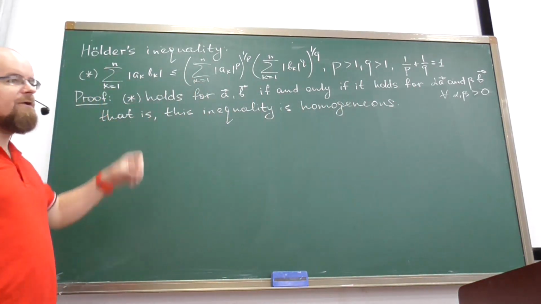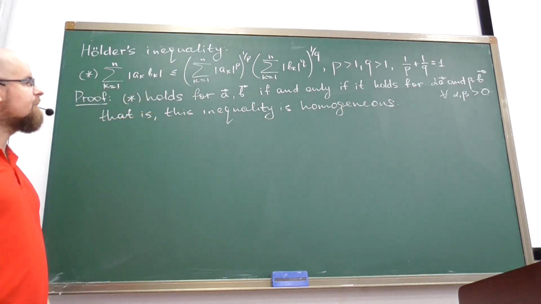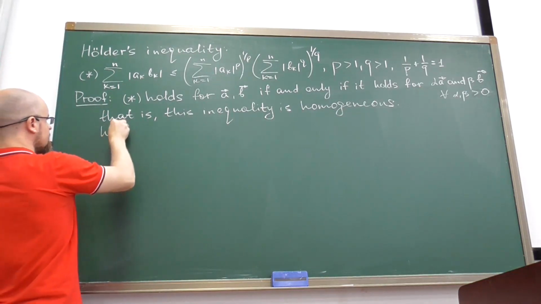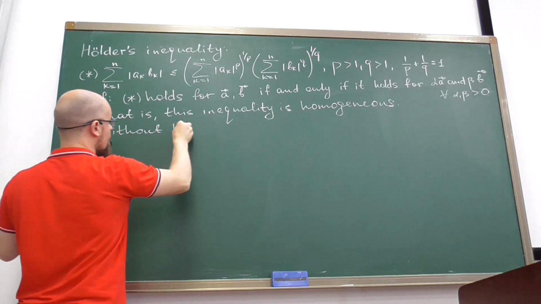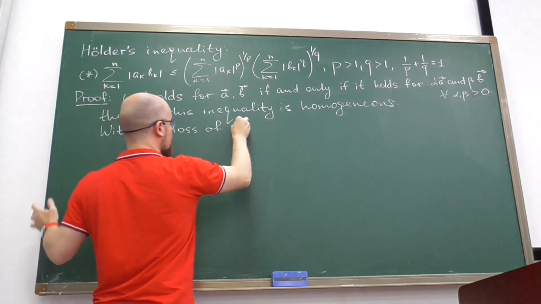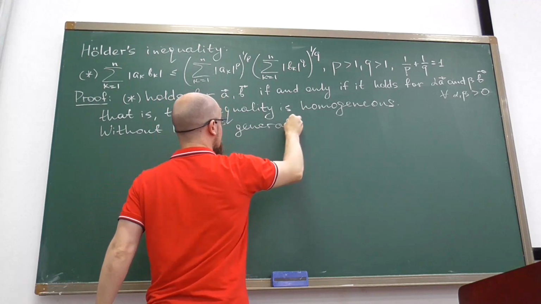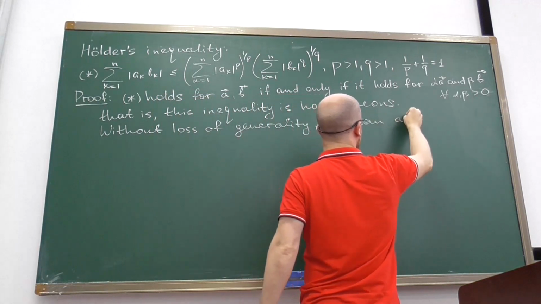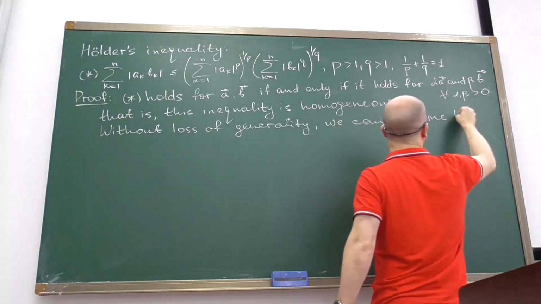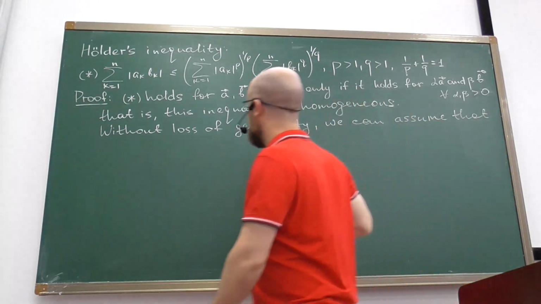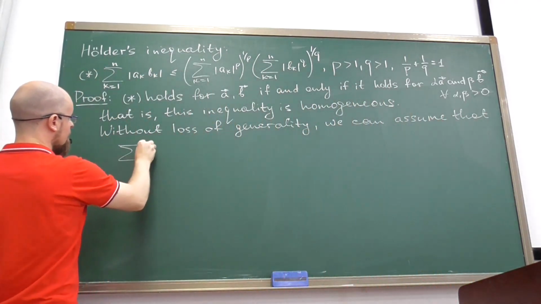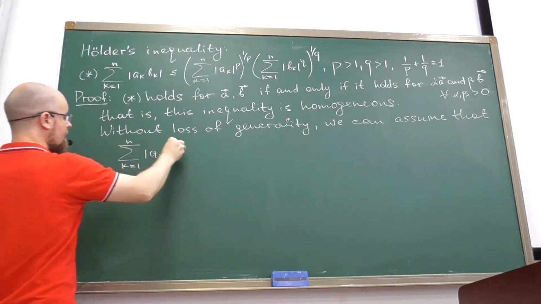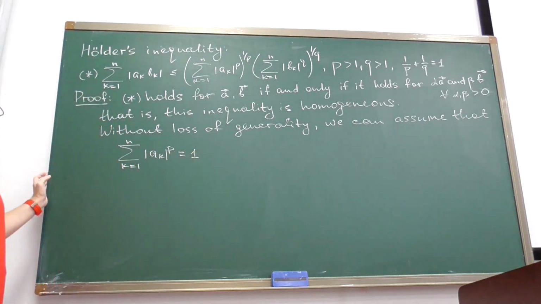Okay, so having this property, having that this equation is homogeneous, we can assume, without loss of generality, that the sum of a_k raised to the power of p is 1. That's what we can assume.